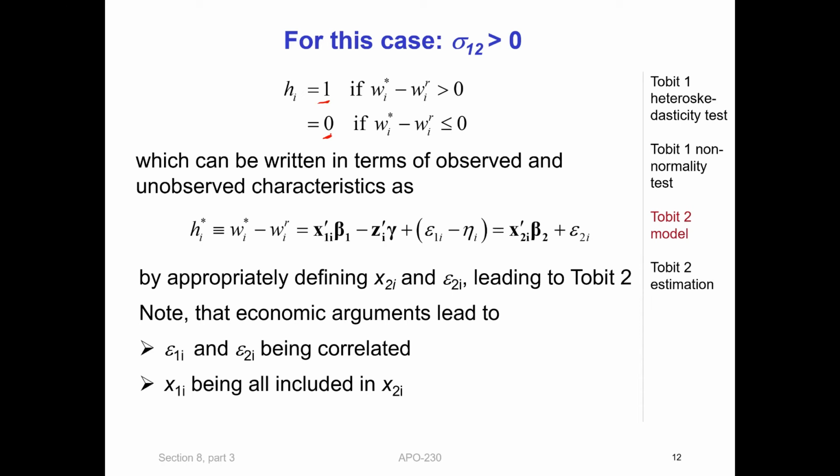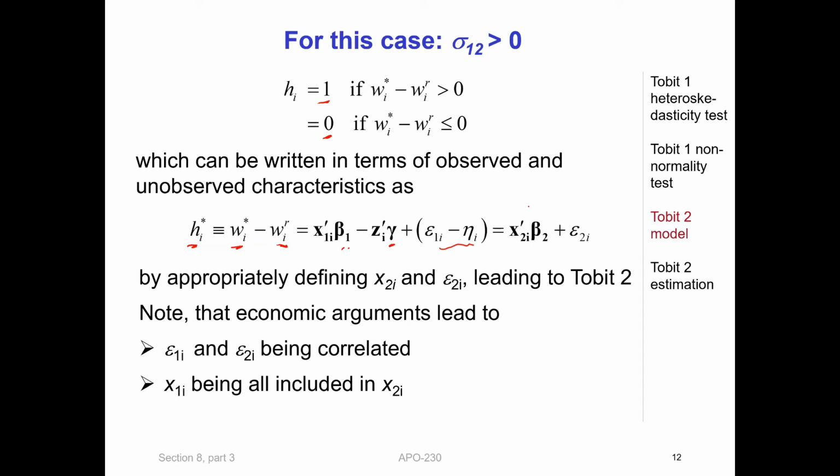So far, so good. Now, if we plug the two equations for the offer wage and the reservation wage that we have seen on the previous slide into this latent variable to capture the decision of participation, then we have x1i beta 1 minus zi gamma, plus the difference of the two error terms here.